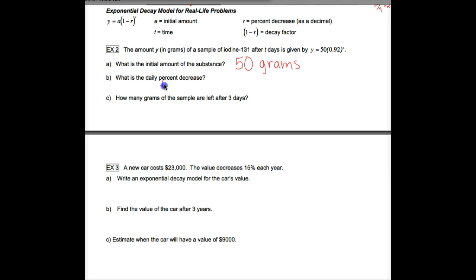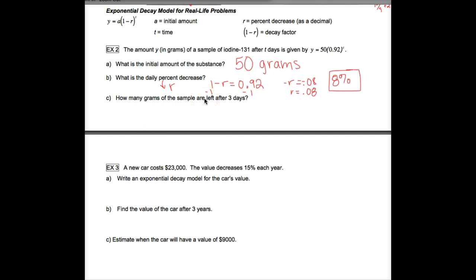Percent decrease is R. It wants to know R. Well, this 0.92, that's the 1 minus R. So if 1 minus R is 0.92, subtract 1, that means negative R equals negative 0.08. So R is 0.08. And again, it said percent decrease, so that would be 8% would be the daily percent decrease.